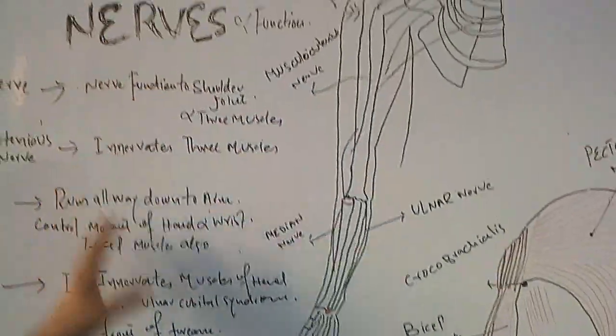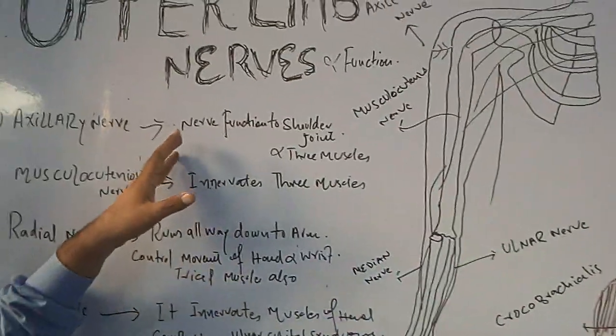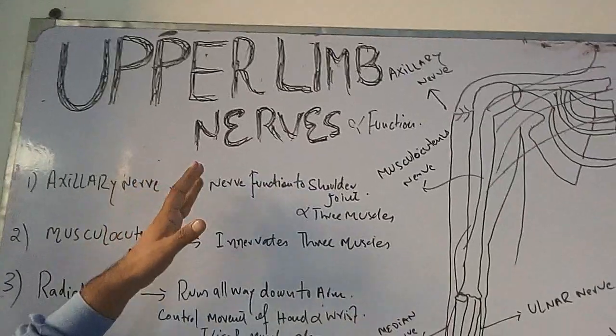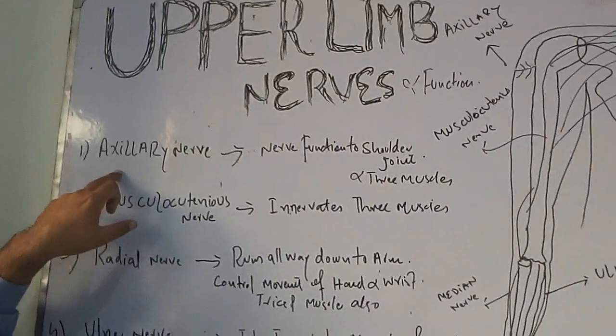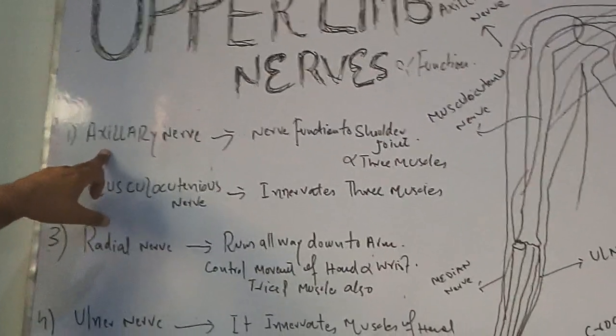Now we are coming to the main subject, the upper limb nerves and their function. Look at the first nerve that we have discussed, the axillary nerve.